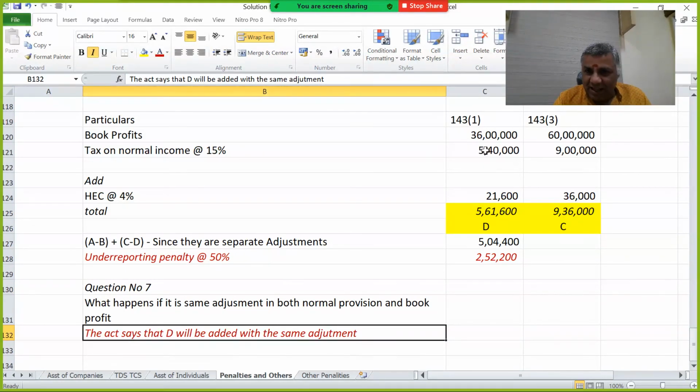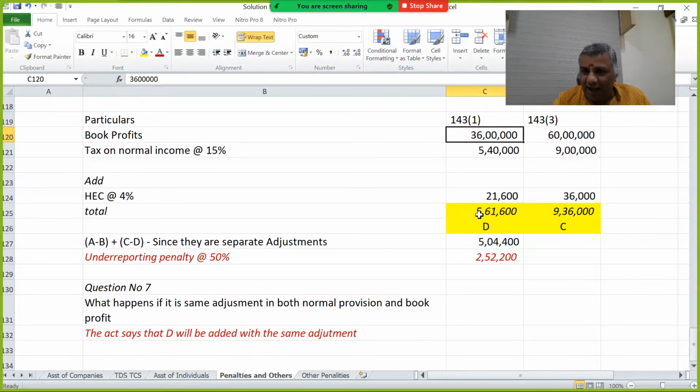What is D? The income computed. It will be increasing automatically, so C minus D will be a lesser amount. Where the adjustment is for the same aspect, the Act says add to D the same adjustment.